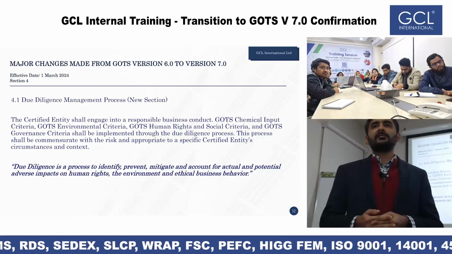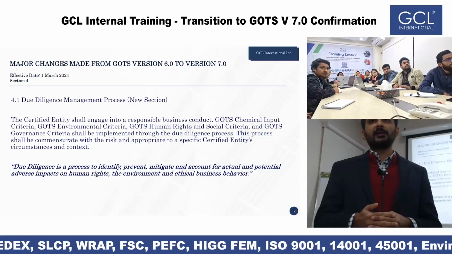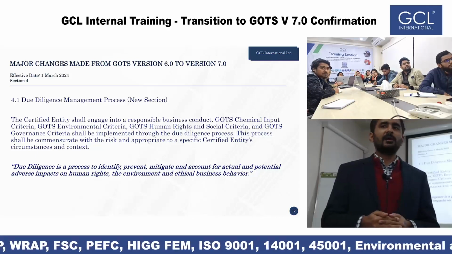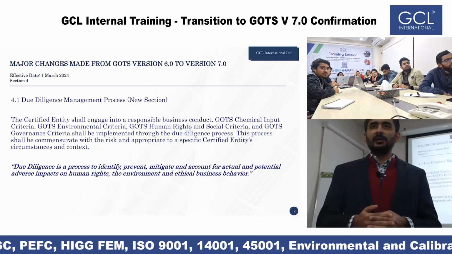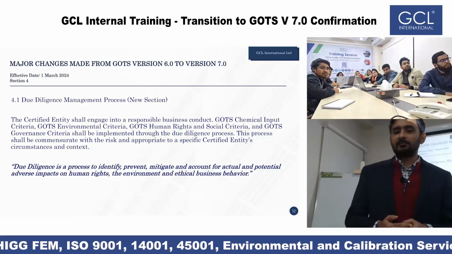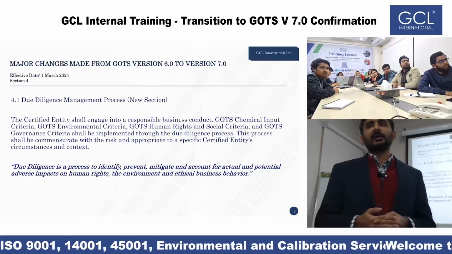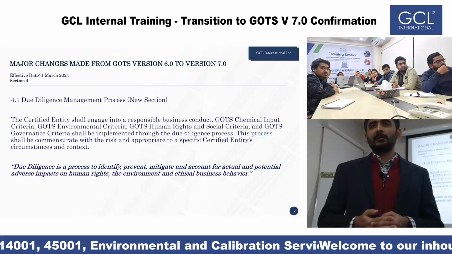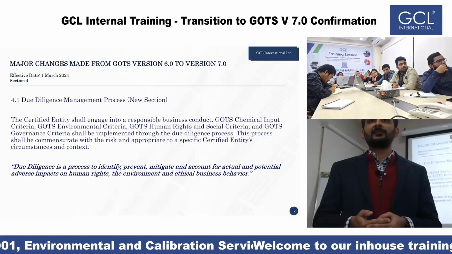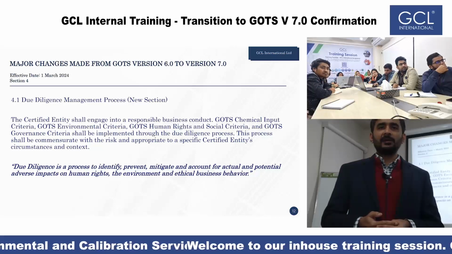So, if there is any kind of adverse impact, it could be potential, it could be actual. In that case, to identify, to mitigate, to prevent and to take action is the main objective of this due diligence. How this can be implemented, we will discuss.